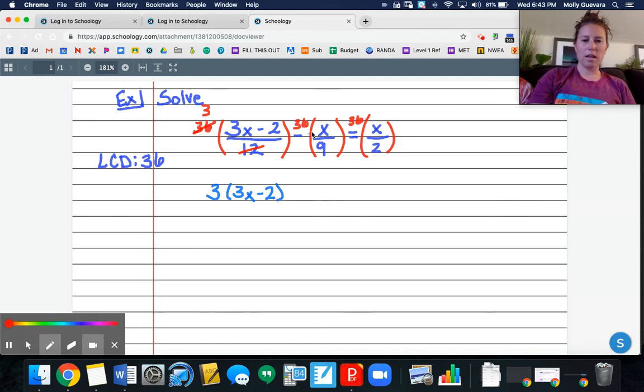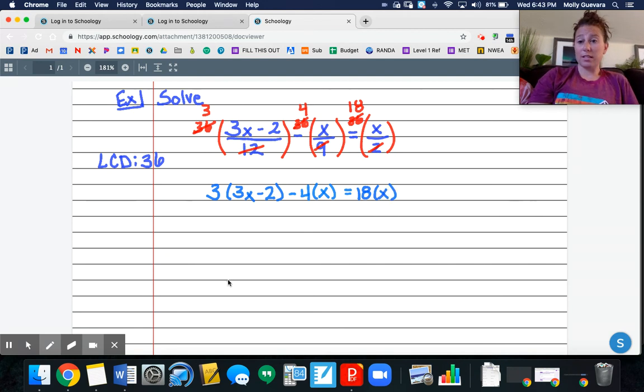And then 36 divided by 9 is 4, so the 9 cancels, and the 36 becomes a 4. So I get minus 4 times x equals, and then 36 divided by 2 is 18. So it equals 18x.